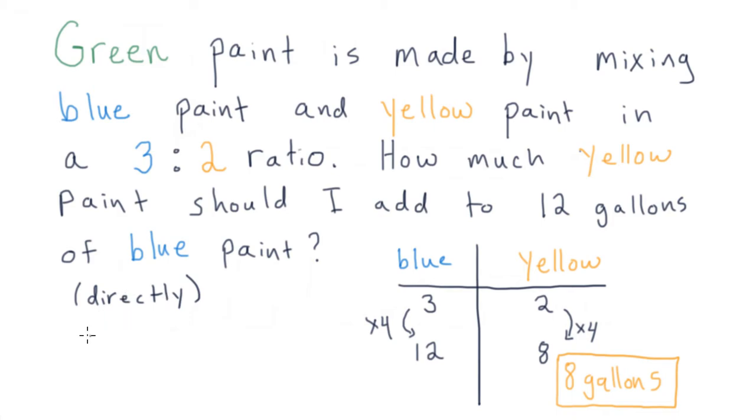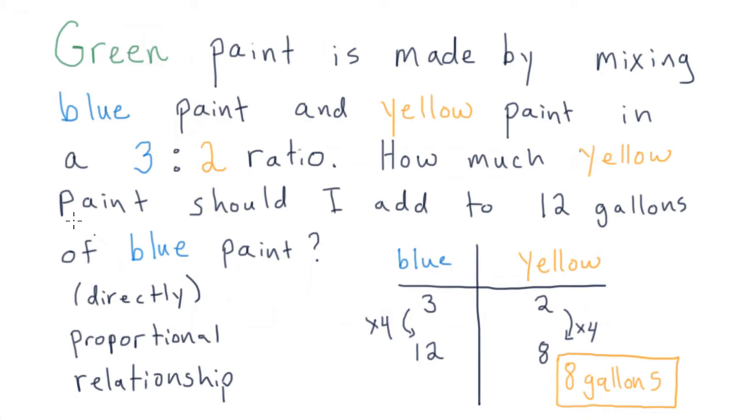This is really a directly proportional relationship between, when you have a relationship, there needs to be two people, or in this case, two quantities.